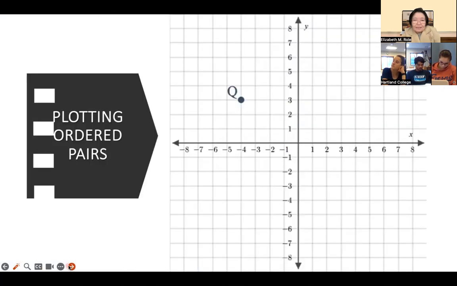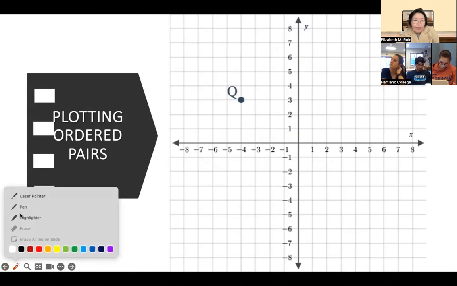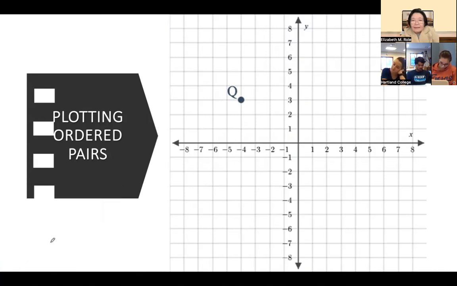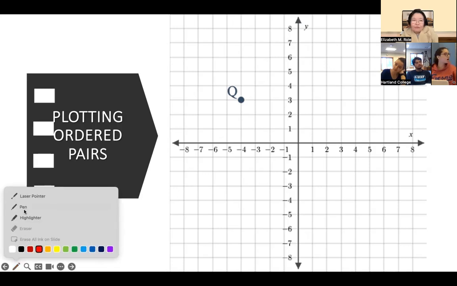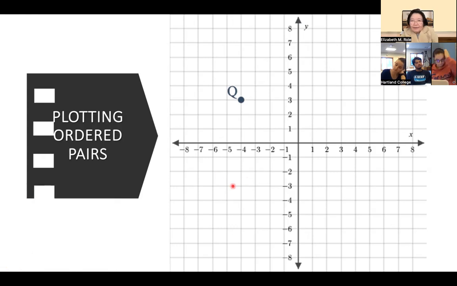Okay. So, if I ask which point is (4, -3), where is it? You go 4 to the right, and since it's -3, go down. So let me write that one.